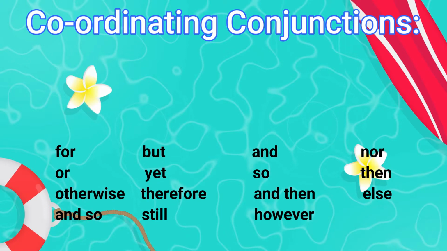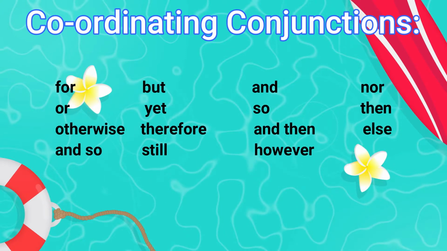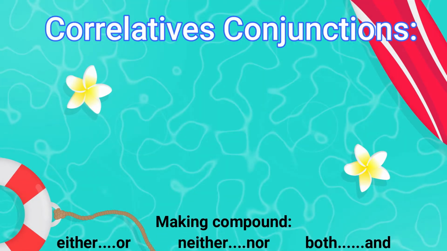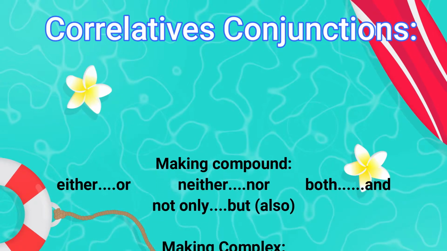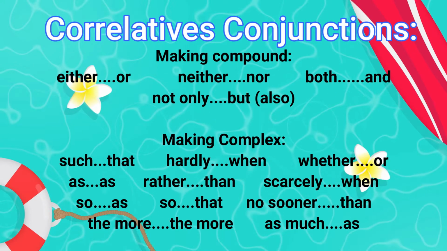This will help you identify the sentences that are compound. And here is a list of two kinds of correlative conjunctions: conjunctions that will make compound sentences and conjunctions that will make complex sentences.